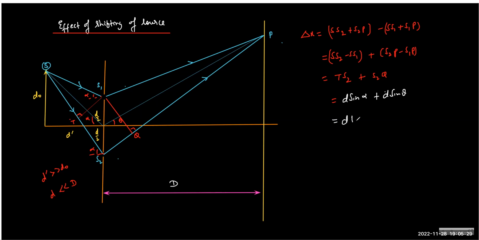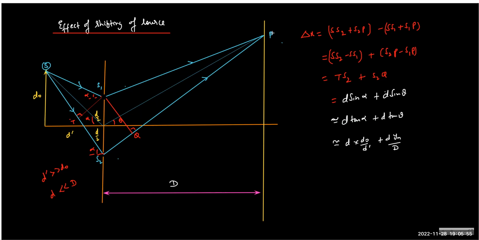So we write this d tan alpha, approximately, and d tan theta. Then tan alpha will give us D naught by D dash, and this is anyway d Yn by D. Correct? Yes, sir.